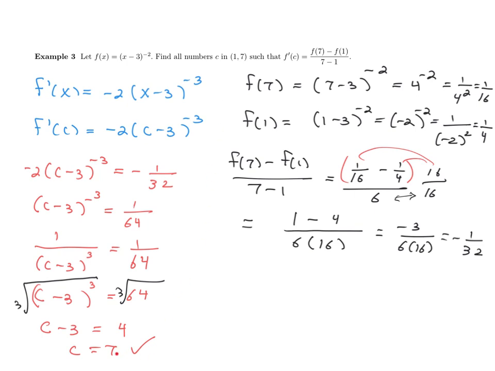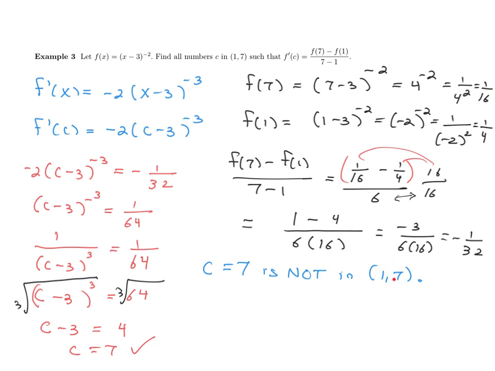But there's a problem. This number 7, is it actually within the interval from 1 to 7? The answer is no. So I'm going to put over here, c equaling 7 is not in the interval from 1 to 7. And the reason is, this parenthesis means we're not including 7. For the mean value theorem to be true, the number here has to fall within the interval.